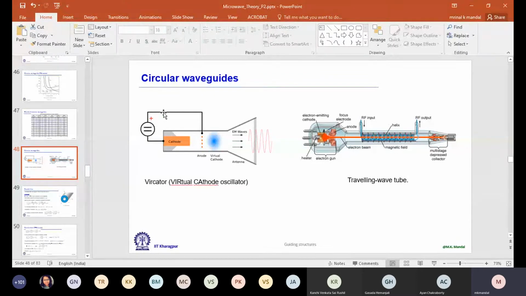Now when we suddenly close the circuit, this capacitor will discharge, and we have a bunch of electrons coming from the cathode. And since the anode will be at higher potential, let's say a few thousand volts with respect to the cathode, these electrons are accelerated. But since it is a wire mesh, we have gaps.